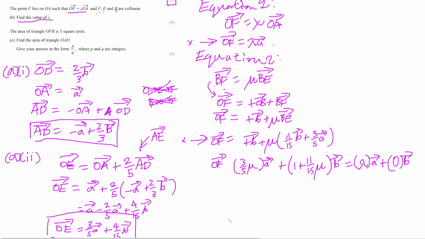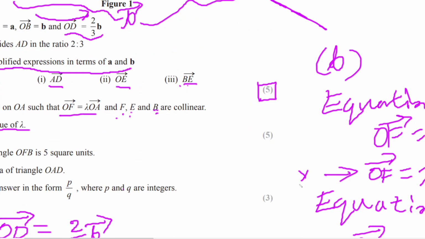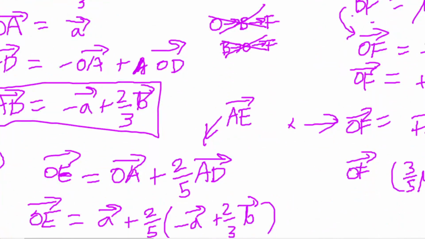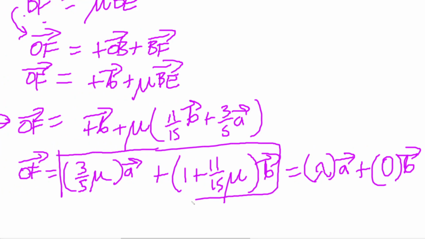And that's the key insight you've gained from making these two equations. The fact that OF, if I may zoom in on this a little bit, is this vector in terms of mu, and this vector in terms of A and B.